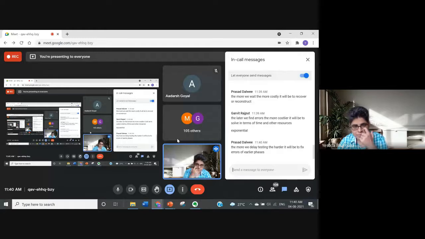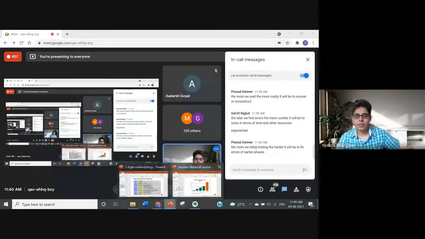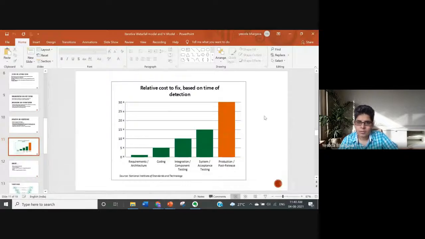So Prasad says that the more we delay testing, the harder it will be to fix errors of earlier phases. Here you see again that the makers of this plot have shown that the cost is quite low to fix if the error is detected right at the requirements, architecture or coding stage, and it increases considerably afterwards.